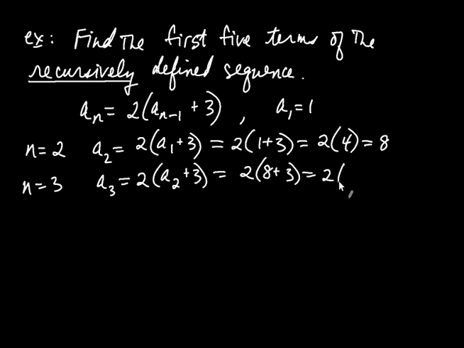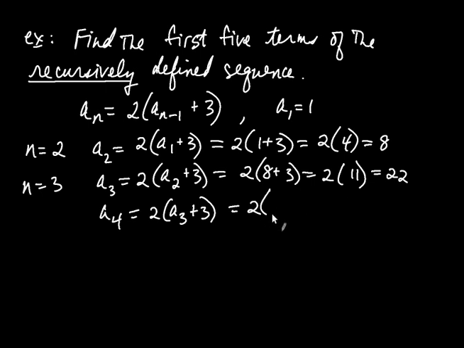So it's 2 times 11, or 22. And a_4, continuing in the same pattern, is 2 times a_3 plus 3. We found a_3 in the previous step, 22, so it's 2 times 22 plus 3. So it's going to be 2 times 25, or 50.